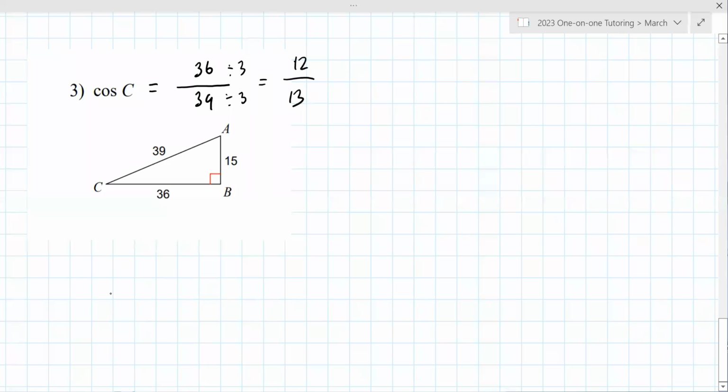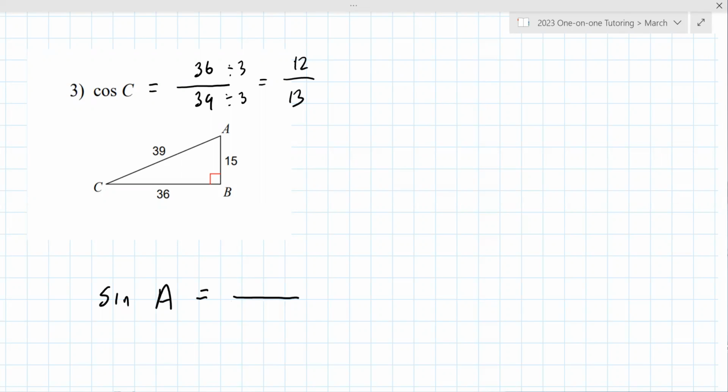Okay, now I want you to find the sine of A. Which two sides are we looking for with sine?